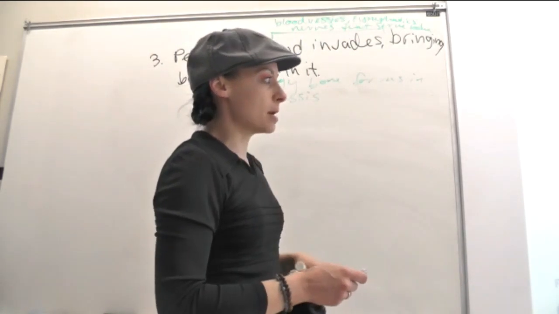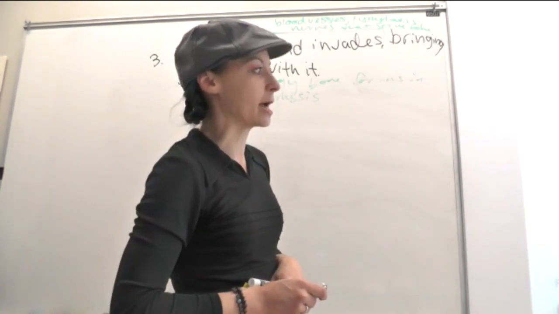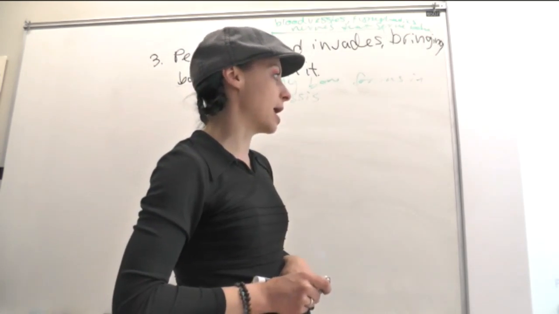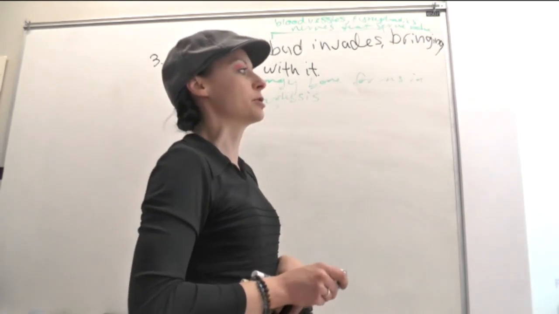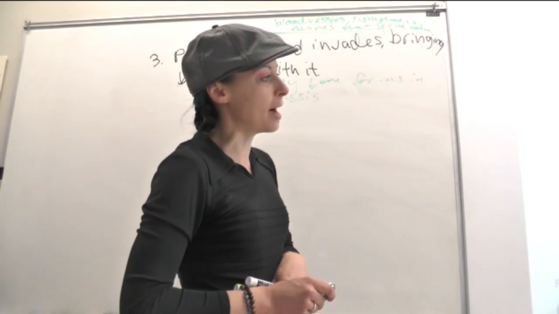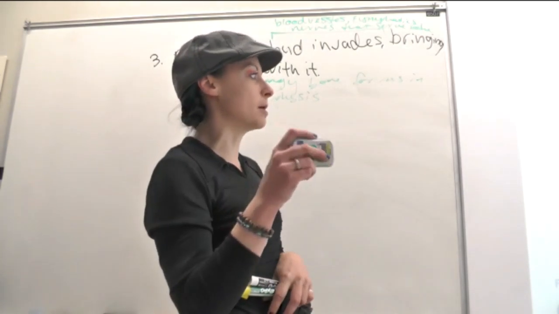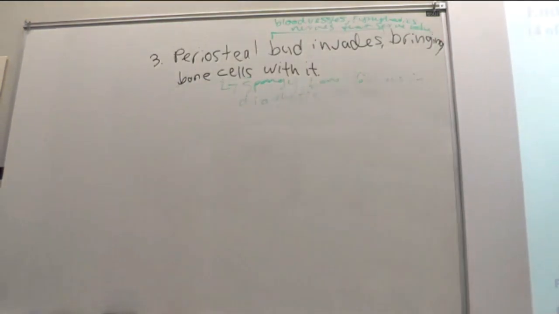Then as development continues, what we'll see is that this diaphysis is going to begin ossifying. We'll be laying down compact bone on the outside, and we'll look at how all of this growth is happening both interstitially and appositionally in a minute. But we'll be ossifying this growing diaphysis, and we'll start to see the development of what are called secondary ossification centers in our epiphyses.